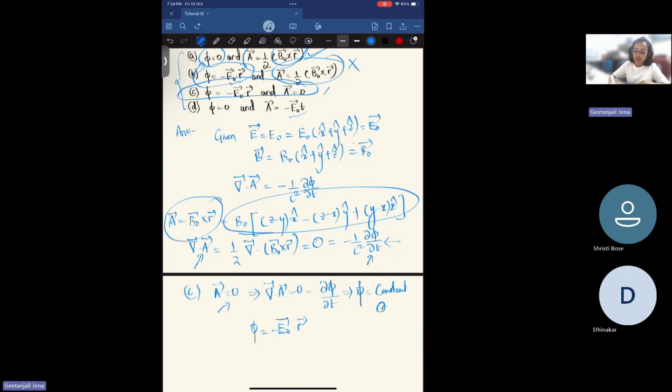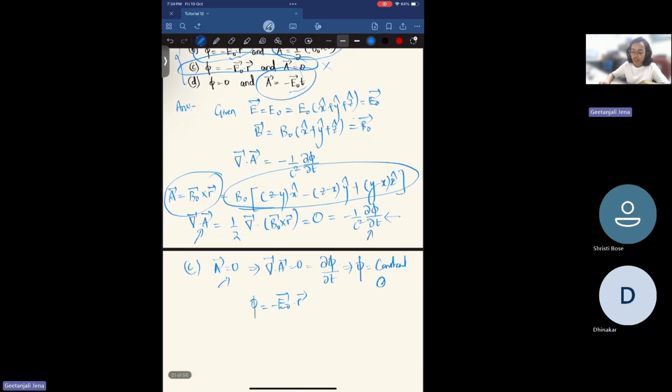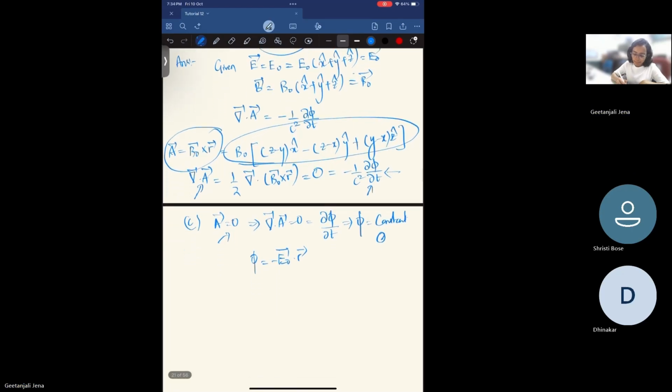So that is why option C is also not correct. For D also, you can check it. If phi is 0, then dou phi by dou t is 0. Or let's start from A, which is given as minus E0 t. So that means dou phi by dou t is c square E0 t.